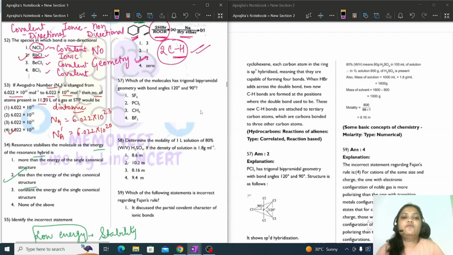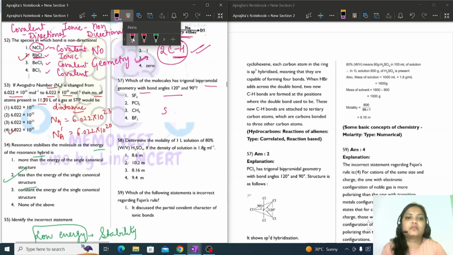Now which of the following molecules has trigonal bipyramidal geometry with bond angles 120 degree and 90 degree, that we have to tell. If I talk about SF6, it has an octahedral geometry like this. SF6.